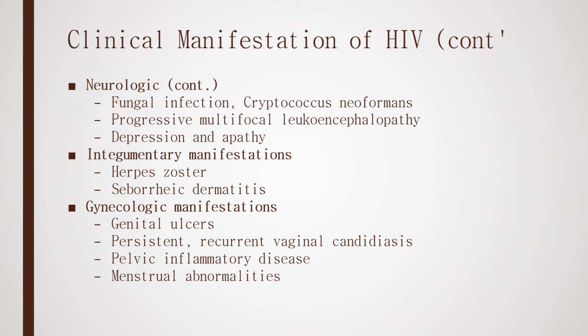Going to the neurologic manifestations: fungal infection, Cryptococcus neoformans, or progressive multifocal leukoencephalopathy, which also cause confusion, and depression and apathy are neurologic manifestations.